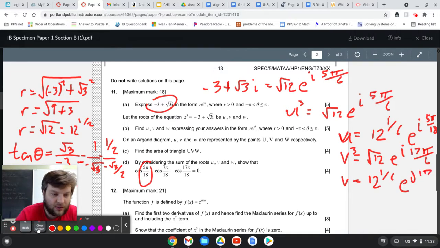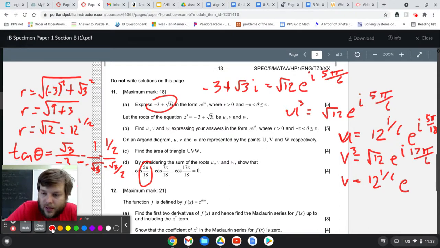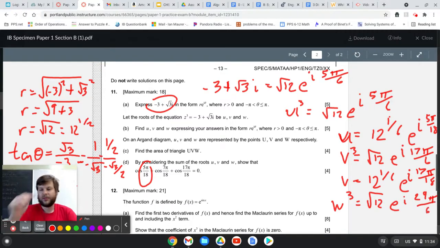Okay, let's try that again. Handwriting got a little rough. E to the i, and it's going to be 17 pi over 18 because you divide the angle to take a third root. Similar idea for w. So w to the third power is square root of 12 e to the i times 29 pi over 6.